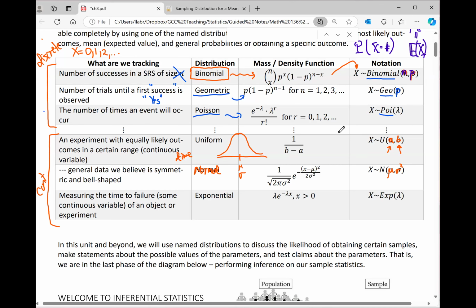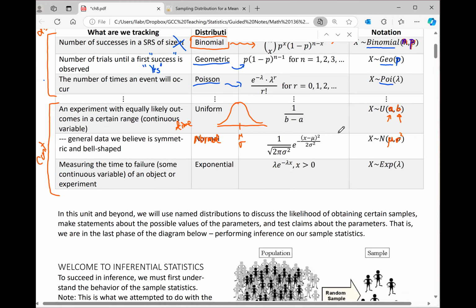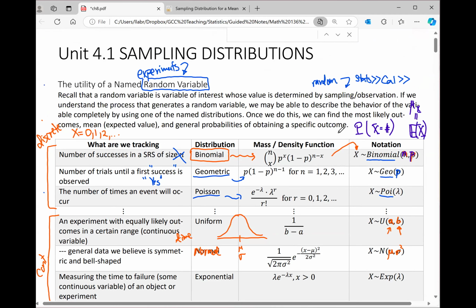Okay. So let's summarize what we just said. In previous sections, if we knew the behavior of some kind of experiment, we were able to say that the random variable of interest was a special kind of random variable, that there was a formula that already existed and has been studied extensively in the past, and therefore we can find the probabilities and expectations very easily.